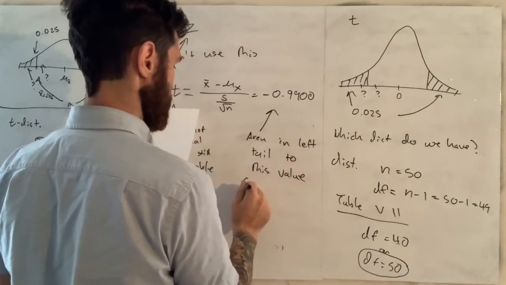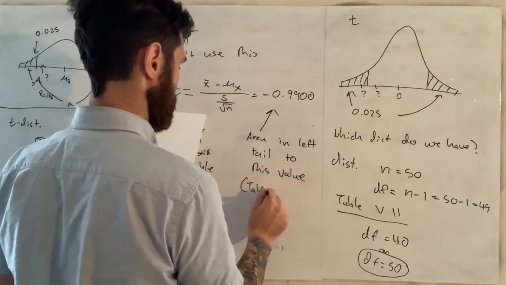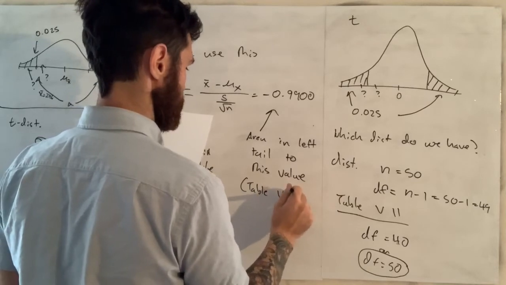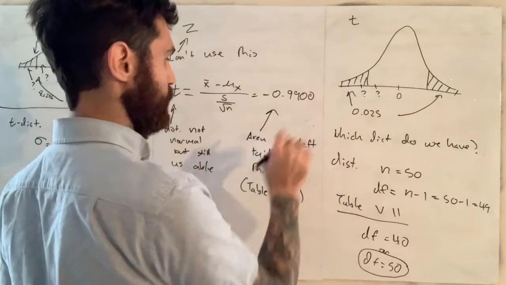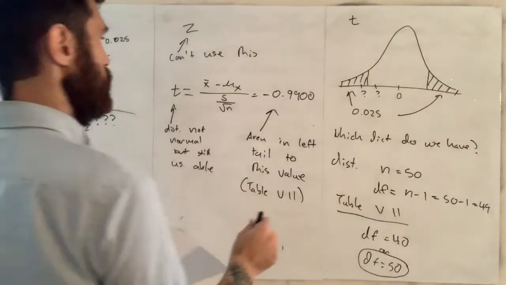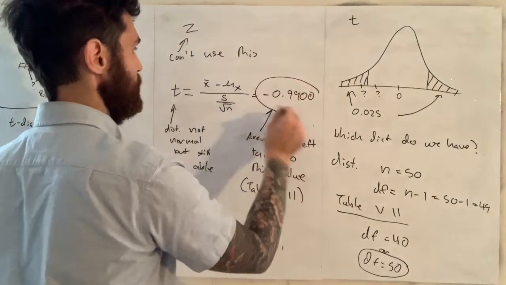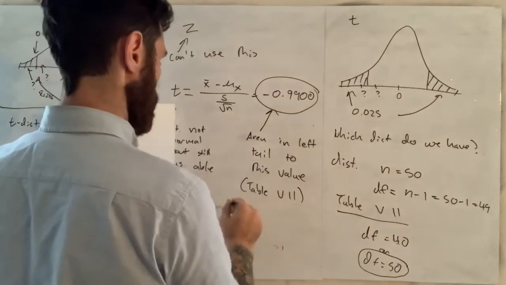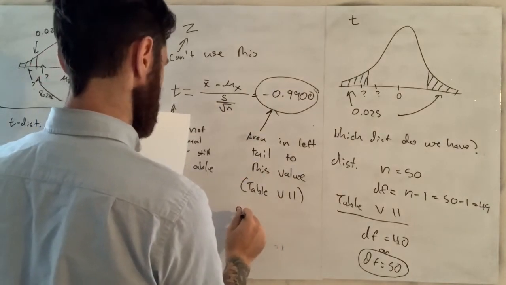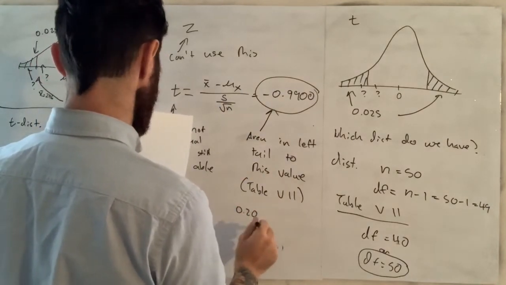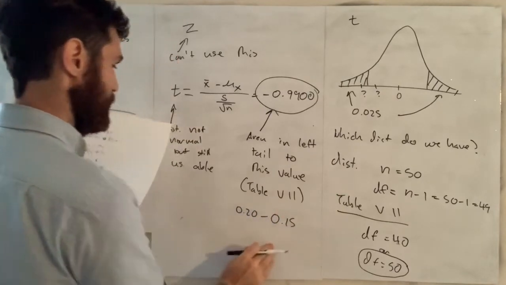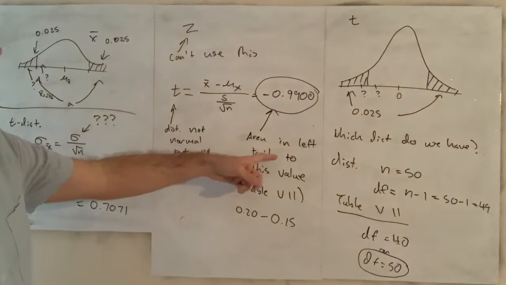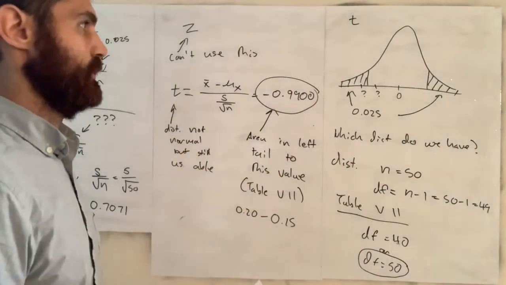And this is going to be, again, from table 7. And this is where you're reading from the degrees of freedom equals 50. And you find that this t value is going to live where the area is between 0.20 and 0.15. And it's going to be to the left of this value.